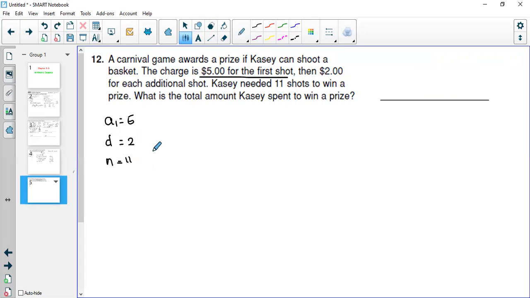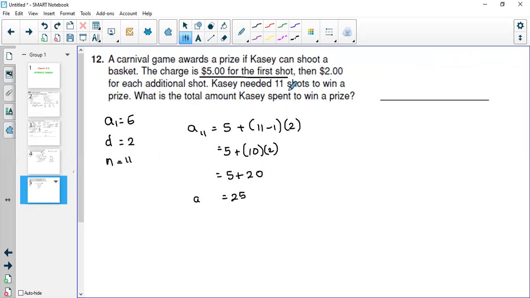I think it's easy now for us. So A sub 11 is going to be equal to A1, that's 5, plus n minus 1 multiplied by d. 11 minus 1 would give you a 10 multiplied by 2, that's 5 plus 20, which is $25.